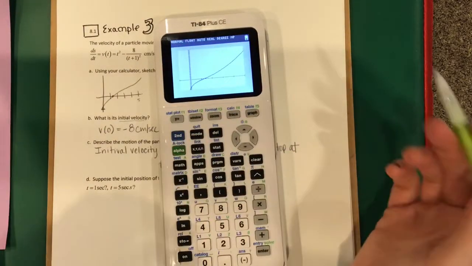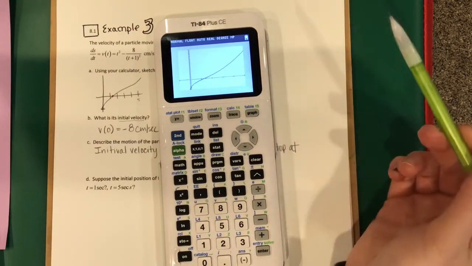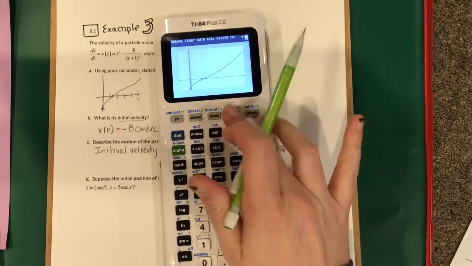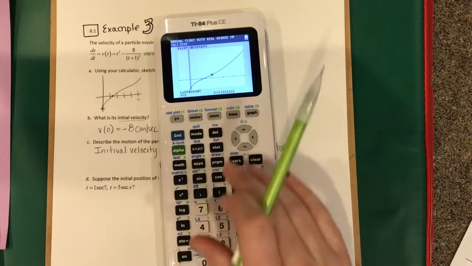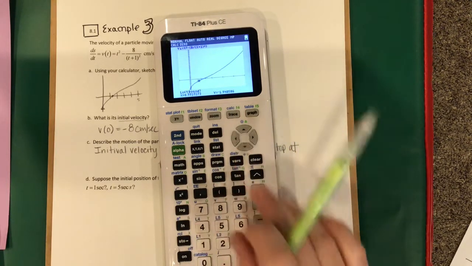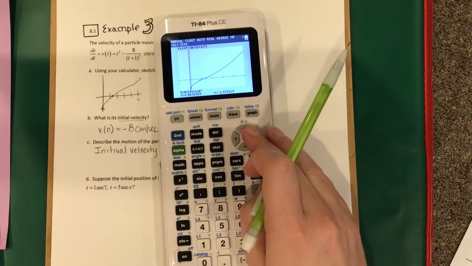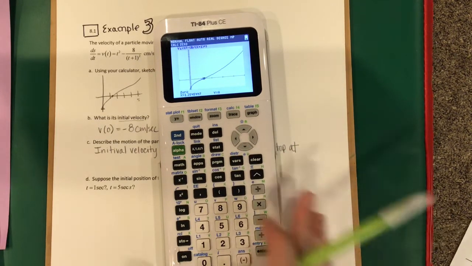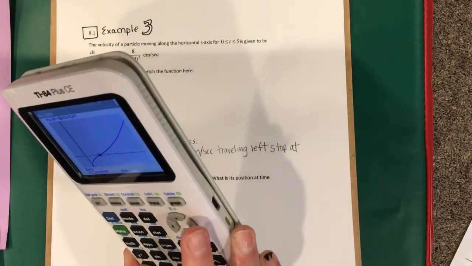If we go back to our graph, we know that it's stopping when our velocity is 0. So I'm going to verify on the calculator what my 0 is. It's less than 1.5 and more than 1. And so my 0 is approximately 1.25.